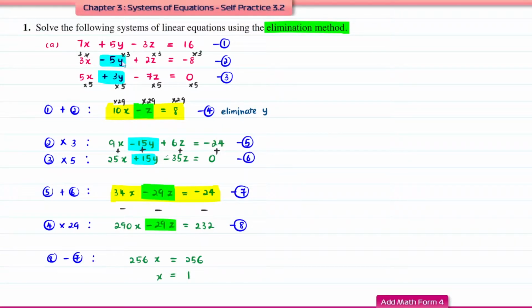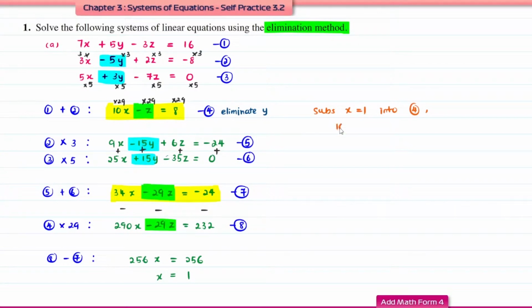Next, we're going to find the values of the other two variables. Here I'm going to substitute x equal to 1, which we found here, into either equation 4, 7 or 8. I'm going to substitute it into equation number 4 to find the value of z.